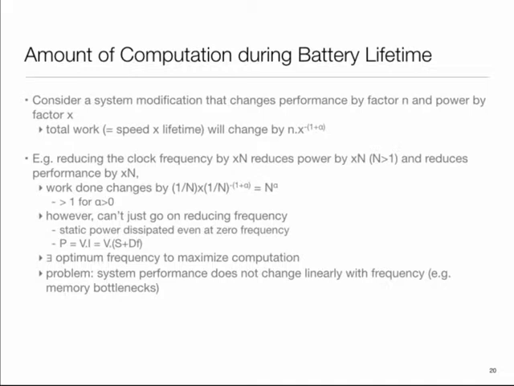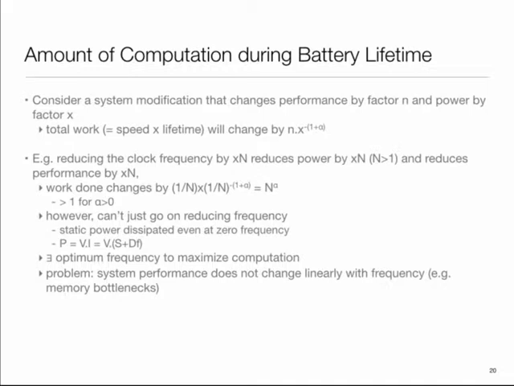So, going back to Peukert's formula, let's imagine that I make some change to our system so that it changes the system performance by a factor of n and it changes the power by a factor of x. So I play some trick, maybe voltage scaling, frequency scaling, something like that.